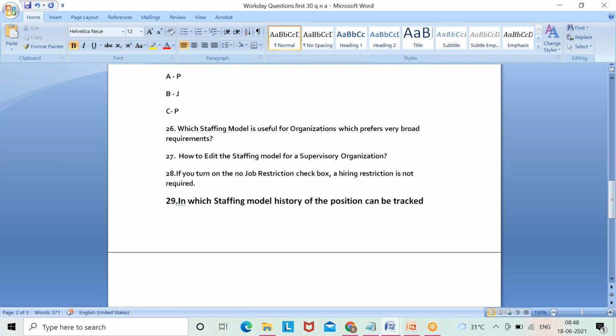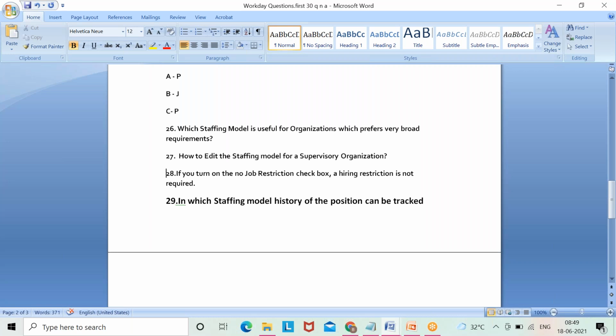You have a no job restriction checkbox on both the position management and job management staffing models. What is the purpose of the checkbox? Basically, you're trying to keep no restrictions. If you keep no restrictions, you don't need to enter any details, such as location.